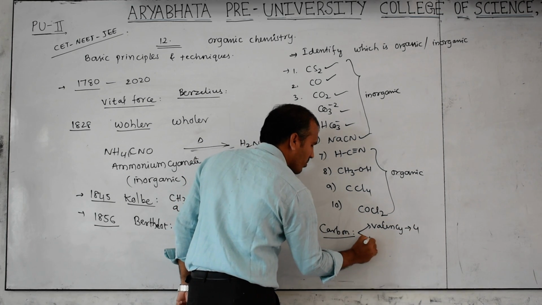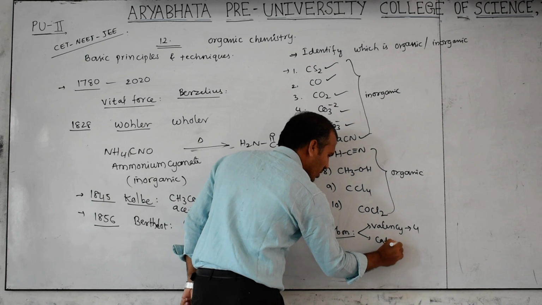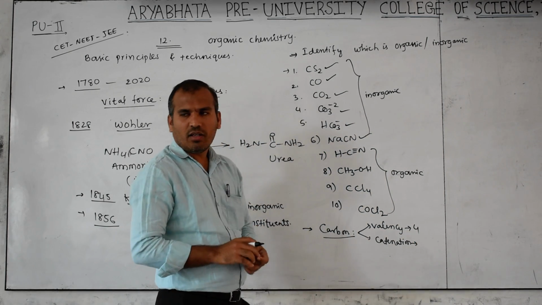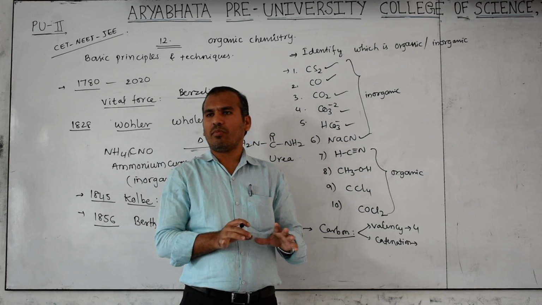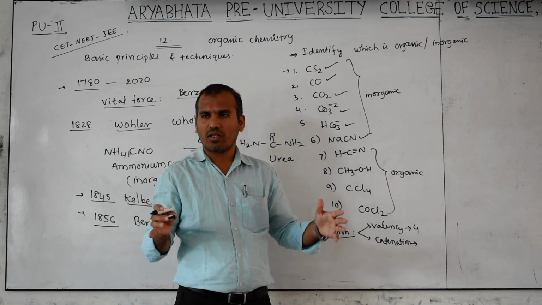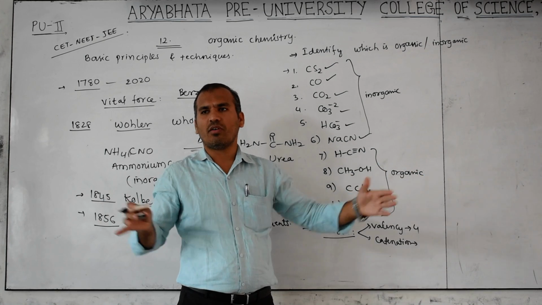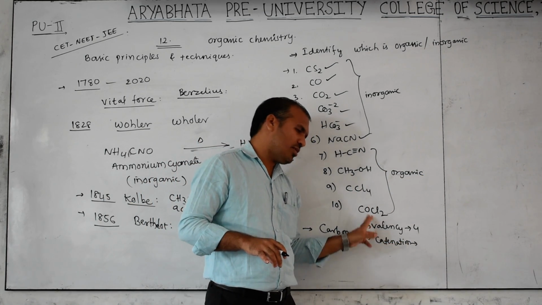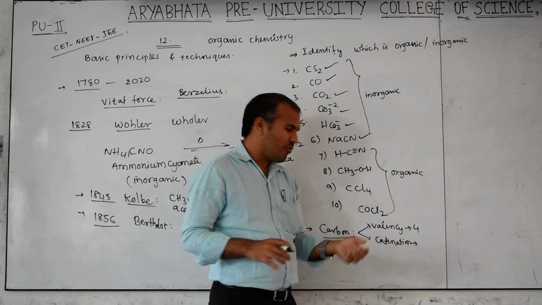And it also forms catenation. What is catenation? The same element forms bonds with itself and it may form chains or rings. Therefore, due to catenation, it forms a large number of compounds.